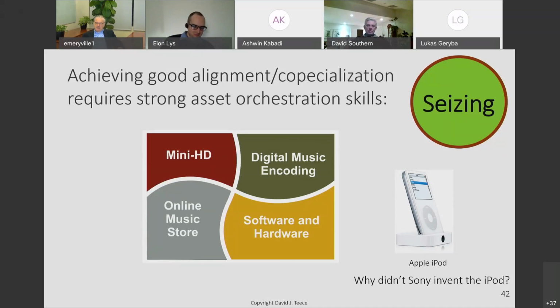So seizing, as I said before, is about coherence, and it's about getting all the pieces together. And that's why this framework of dynamic capabilities is so relevant, because it says it's about getting the pieces together, whether they are inside the firm or outside the firm. And managers are frequently not used to thinking that way.